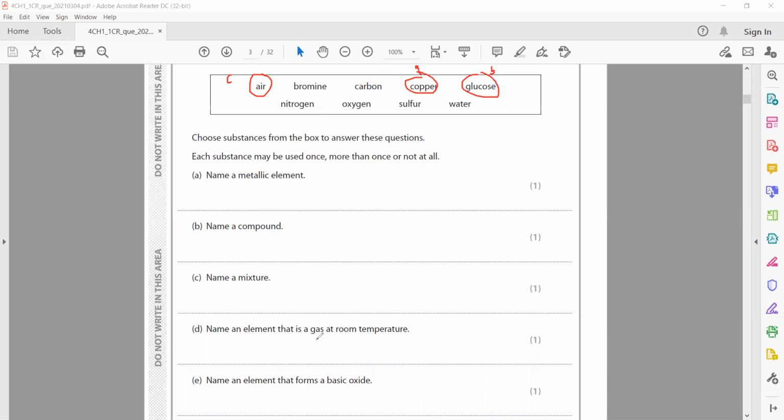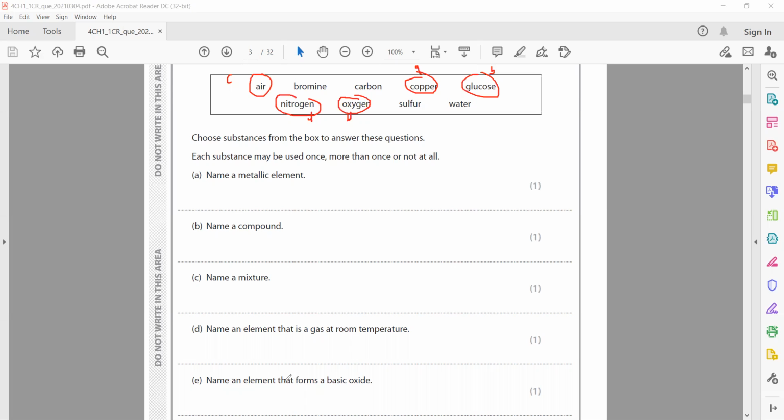Name an element that is a gas at room temperature. We have nitrogen. Nitrogen is a gas at room temperature, as well as oxygen. So this can be D or D, but we have to name just one of them.